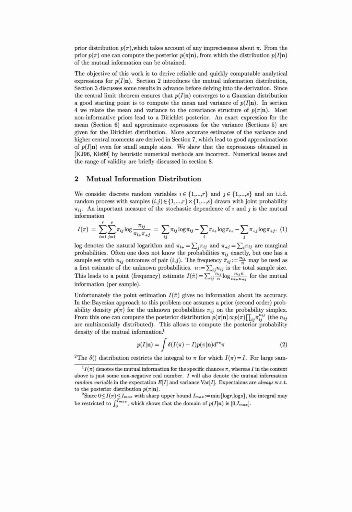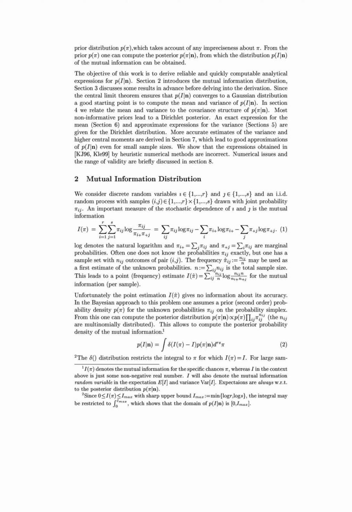We consider discrete random variables i ∈ {1,...,r} and j ∈ {1,...,s}, and an IID random process with samples (i,j) drawn with joint probability π_ij. An important measure of the stochastic dependence of i and j is the mutual information, with the natural logarithm, and π_i+ = Σ_j π_ij and π_+j = Σ_i π_ij are marginal probabilities.